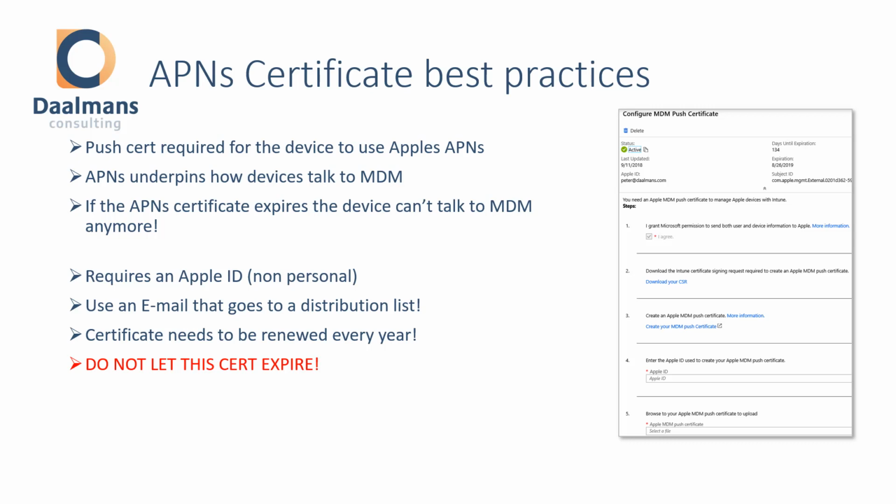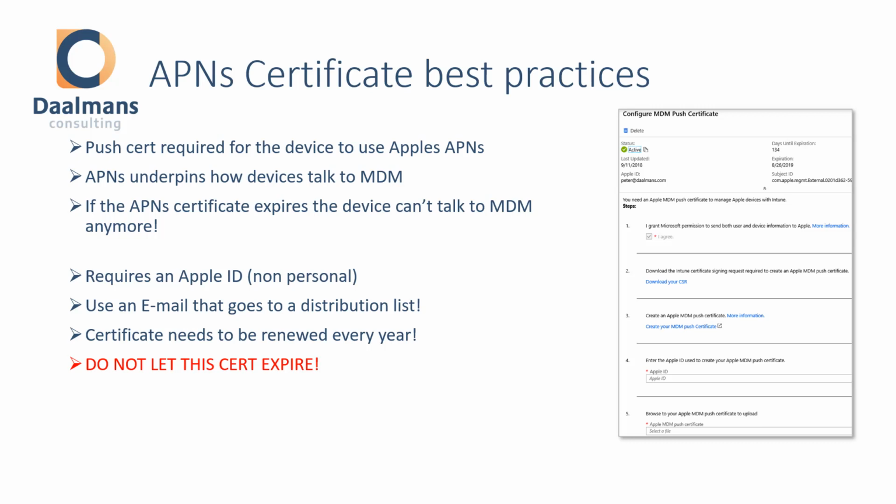But if you are away and you don't like the company anymore, then the company has an issue because they need to renew the certificate with the existing Apple ID. And if they don't have access, the certificate will expire and all iOS devices need to be re-enrolled. So this can be a big issue.